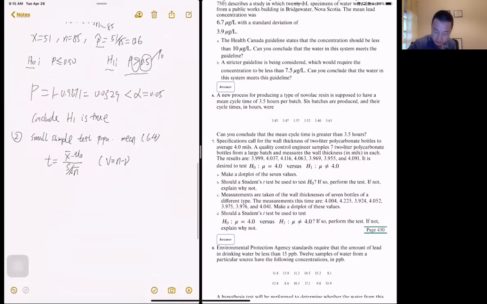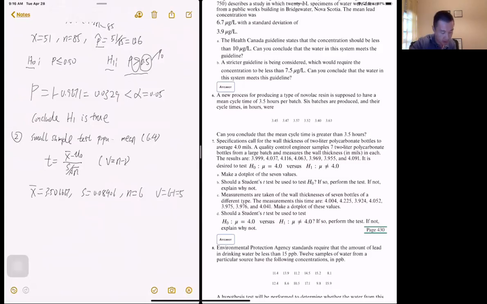Based on the 6 cycle times, we calculate the sample mean, and we can also calculate the sample standard deviation, using the equations we learned from chapter 2. The sample size is 6, so the degrees of freedom is 6 minus 1, which is 5.